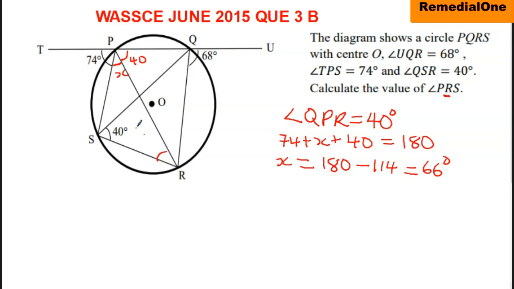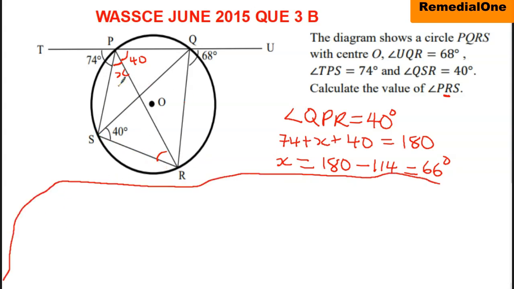That is angle RPS. Now let's look at this segment SR. This angle is formed on this segment, and this angle is also formed on this segment.